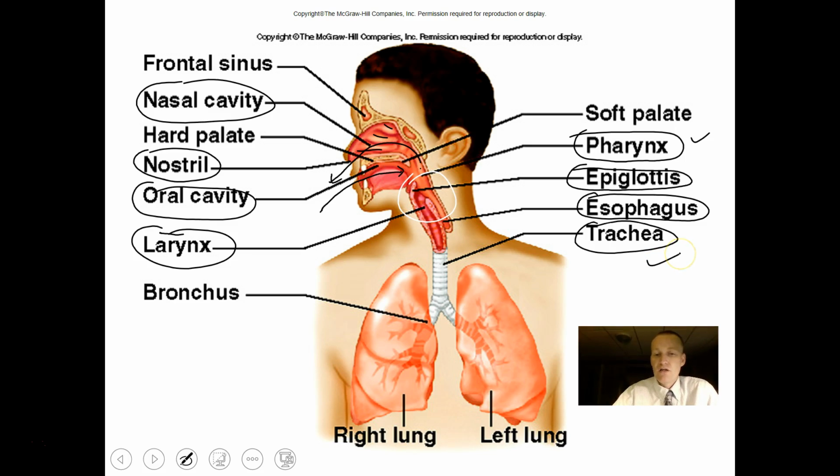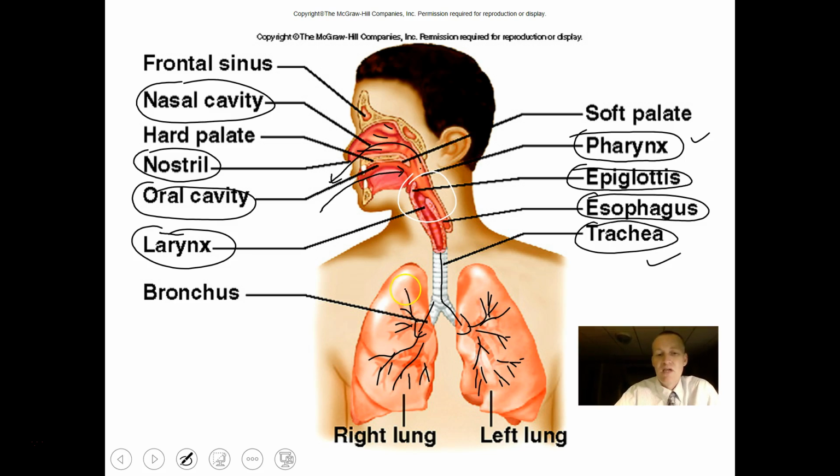So the trachea is the tube that leads down into eventually your lungs. The trachea will branch into the primary bronchi, and then eventually they branch into trees and terminate into what we call bronchioles, which is the smallest branches of the trees. Now, the reason that trees have lots of branches is so they can hold lots of leaves and increase the surface area for photosynthesis.